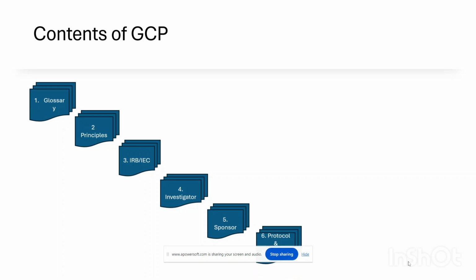After this fifth section, it's going to the next one, which is about protocol and protocol amendments. That is the sixth section.